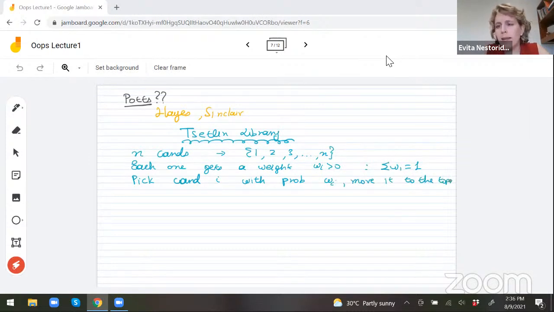Now, most of us will argue that this sounds like a very inefficient way to shuffle a deck of cards. It takes forever. It is a well-known fact due to Aldous and Diaconis that if we take uniform weights, then it takes n log n steps to shuffle. So that's huge. We don't really do it to shuffle a deck of cards.